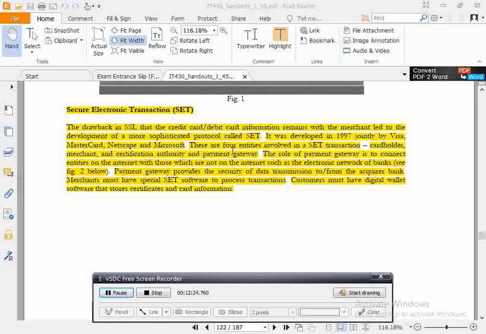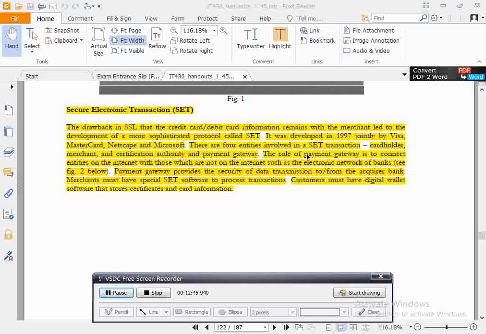There are four entities involved in a SET transaction: card holder, merchant, certification authority, and payment gateway.